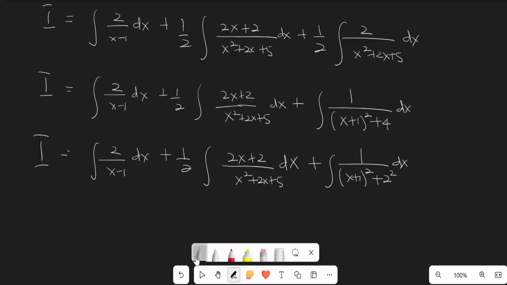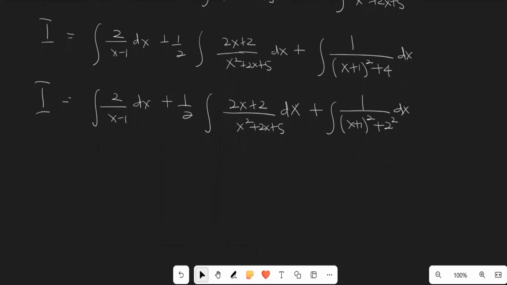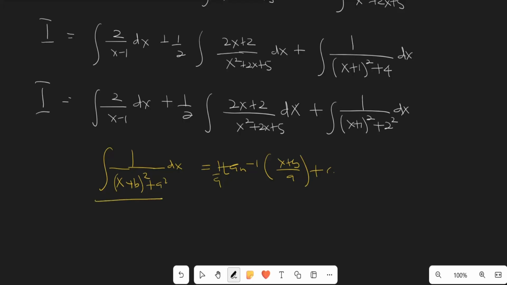Comparing this one to the arctan integral, we have the integral of 1 all over x squared plus a squared dx, or I can say it like this, x minus p all squared plus a squared dx. And this one is the tan inverse, or the arctan, of 1 over a times x plus b all over a. This is the arctan integral. So this one is the same as our arctan integral. That is the third one.